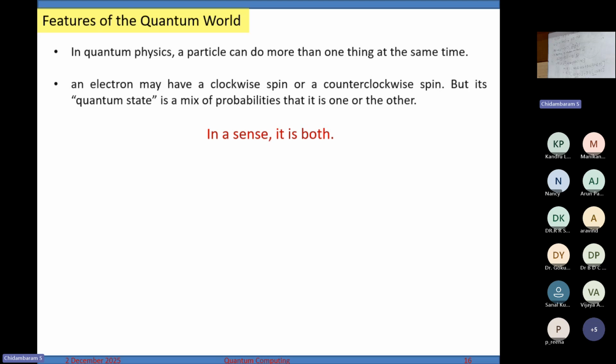Why have I simplified it in this way? I have written ket 0, ket theta as 0, 0 and ket 1, ket theta as 1, 1. Why have I simplified?